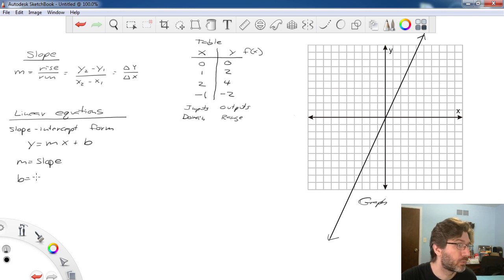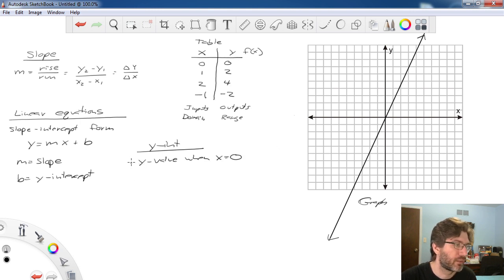B is your y-intercept. And this here is the value. So your y-intercept is your y value when x equals 0.